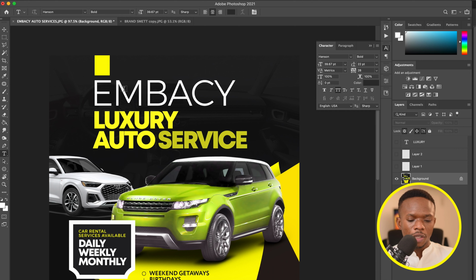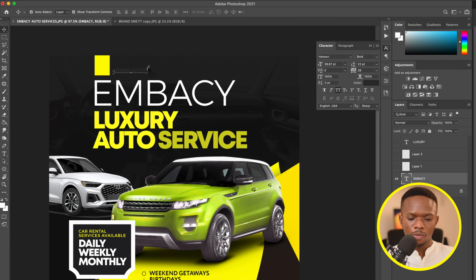The information becomes easier to read, and people tend to understand the information you're trying to pass very well. For instance, if I should decide to use a darker shade of color to write the brand name, imagine this is gray on black, you can see it's not that visible.